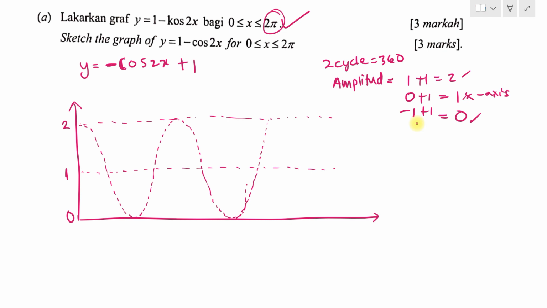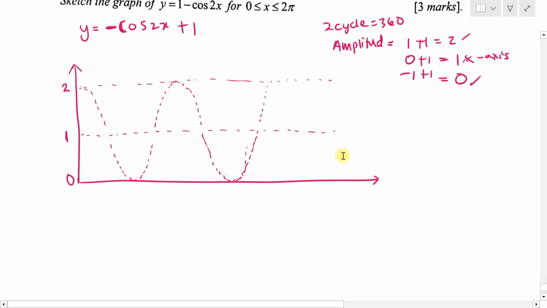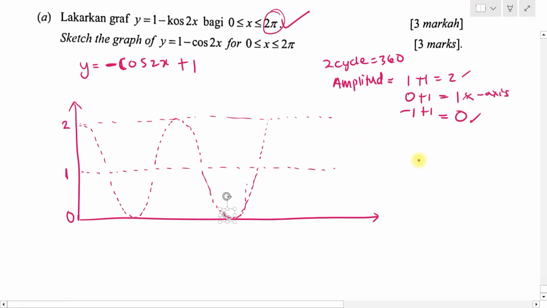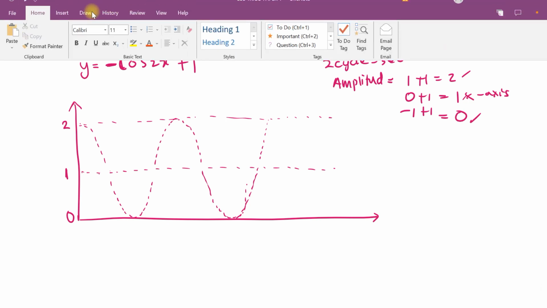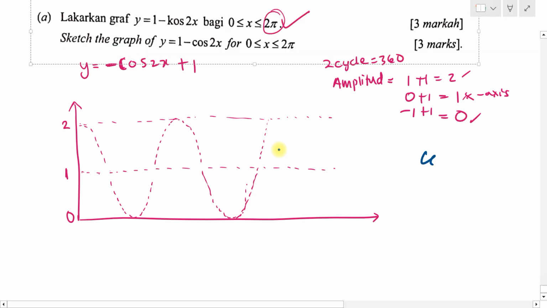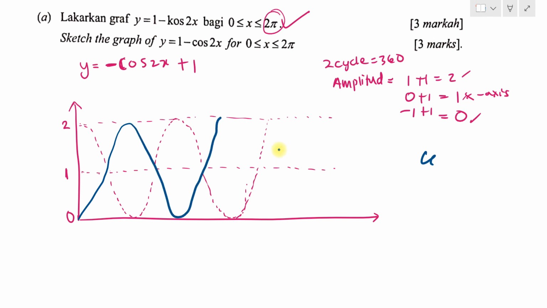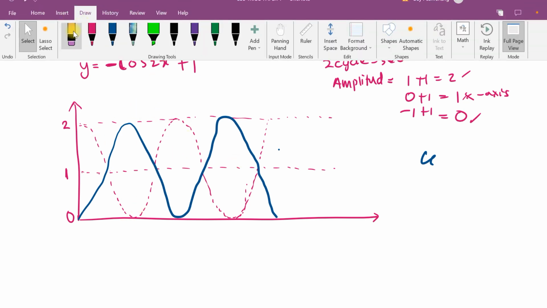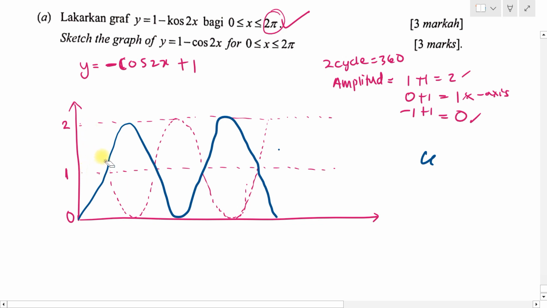So if negative, just the opposite, the reflection. Like that, more or less. It disappeared. What is this? Okay, wait, I redraw. Until here, total reflection. If you don't know, you draw the basic and do the opposite. And then don't forget to erase everything.